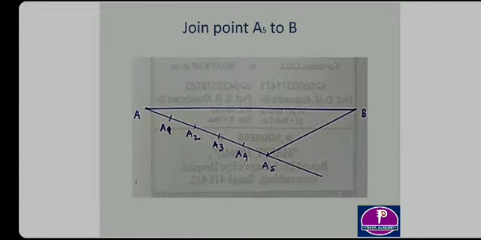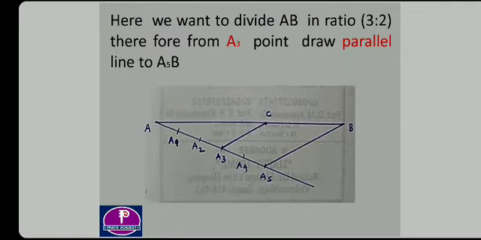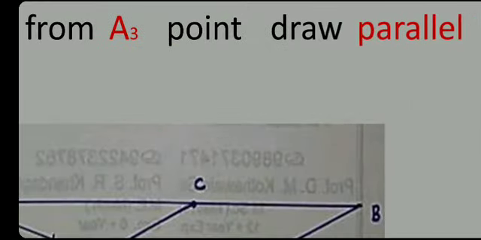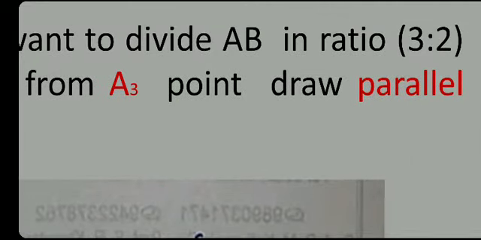Then the next step is to join the last point, here A5, to the other endpoint B. So draw a line joining points A5 and B. Then we have to divide this line segment in ratio 3:2.